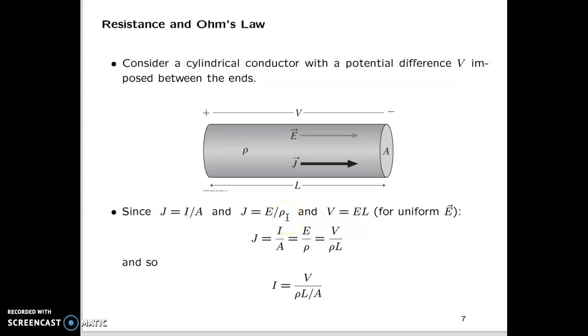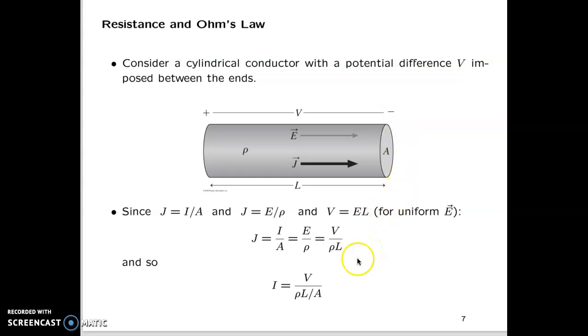Look on the previous slide. And there's also a relation that we had written down a while ago, again, when discussing the relationship between the electric field and the electric potential. The difference in the electric potential from one point to another point in the direction of a uniform electric field is simply E times L. V here means the potential difference between this side and this side of the conductor.